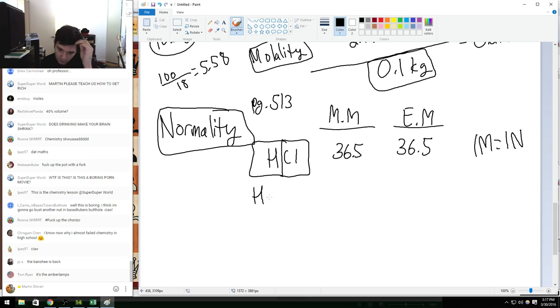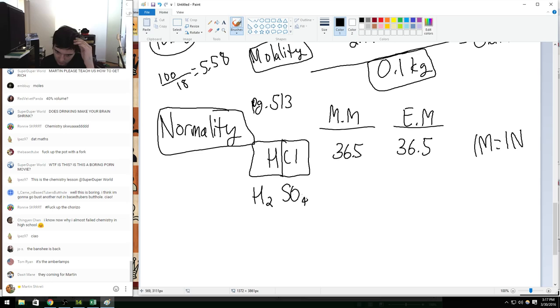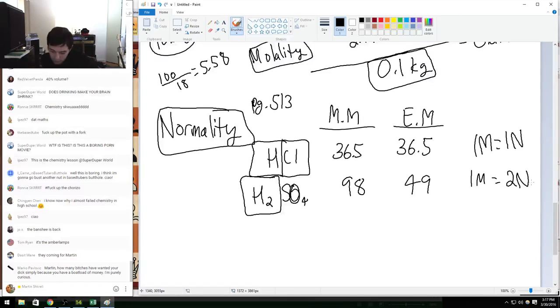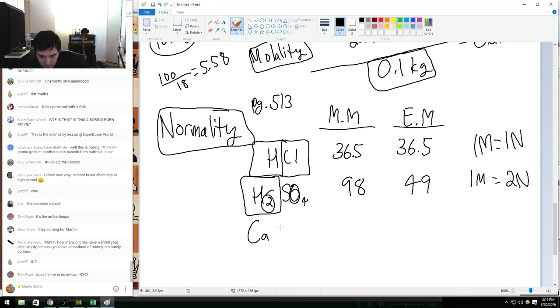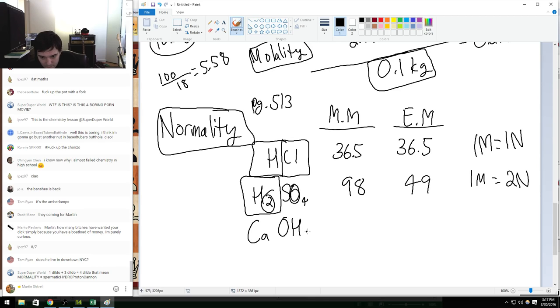If we look at sulfuric acid, this is interesting because it's donating 2 protons. So the equivalent mass is actually 49. So 1 molar is actually 2 normal. The point here is that we're worried about how many moles of electrons and things like that we can give out. So we divide by 2 or whatever the functional unit is. And it doesn't have to be acids and bases.